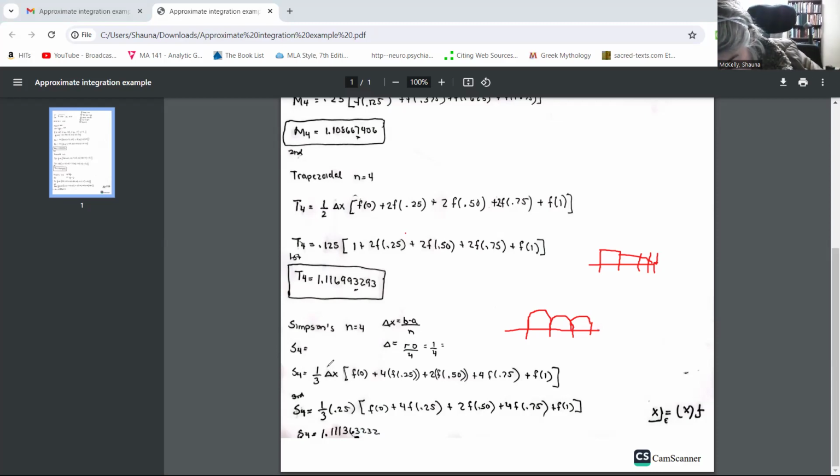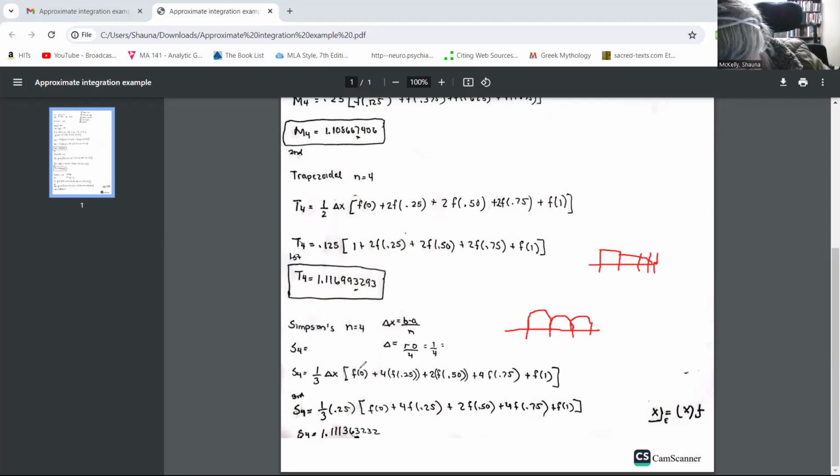Okay. And we start just like with the trapezoidal rule. We start from the left endpoint, and this alternates 4 and 2 until you get to the last subdivision. Okay. But here your delta x is 0.25.